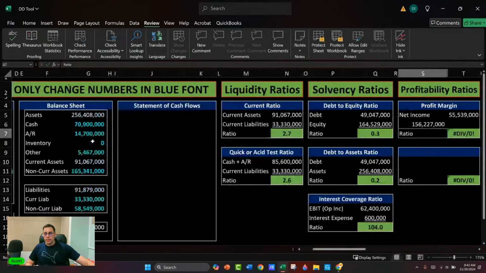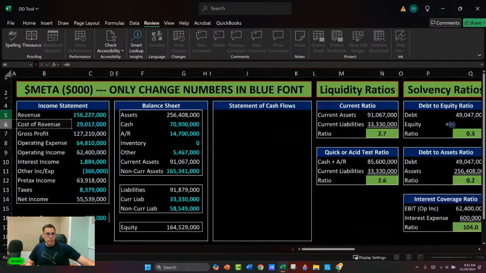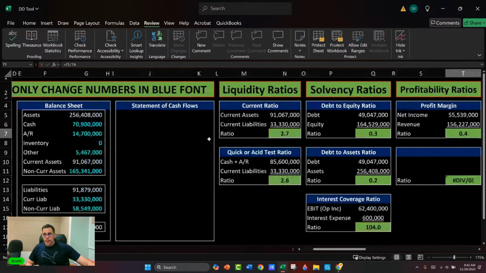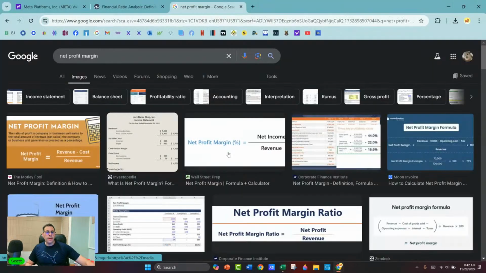It's the percent of your revenue you convert to net income. Net income over revenue. 36%, which is really high. You want to compare it to companies in the same industry. That's when you get a better sense of if it's really good or not. And you want to look at it over a number of quarters or years to see if it's improving or not.